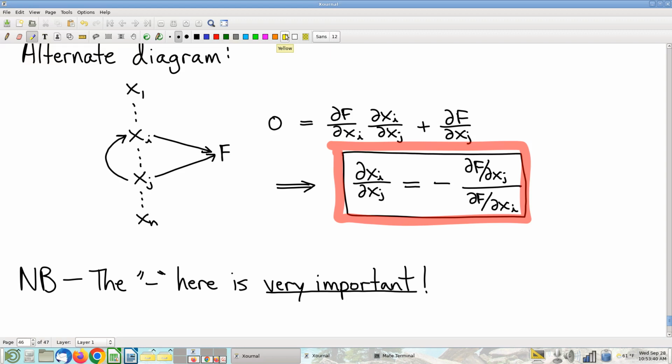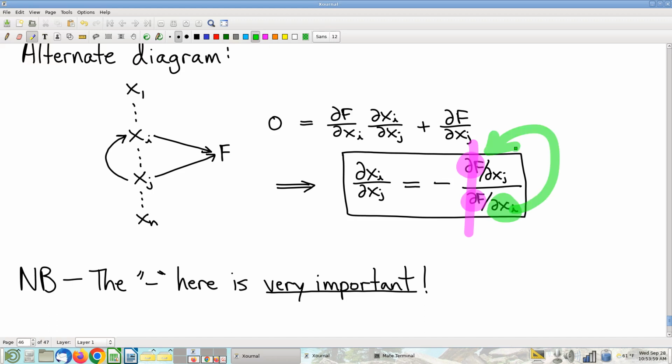And likewise here, because if you were to view these as fractions, then it's tempting to say, these cancel. And then my xi, the denominator of my denominator, is part of my numerator. And it would seem that you would get this and not have any minus sign there at all.